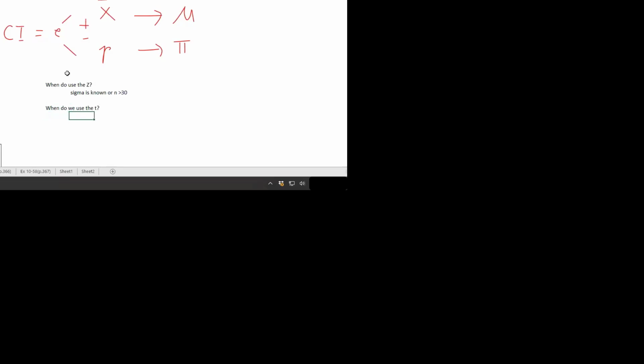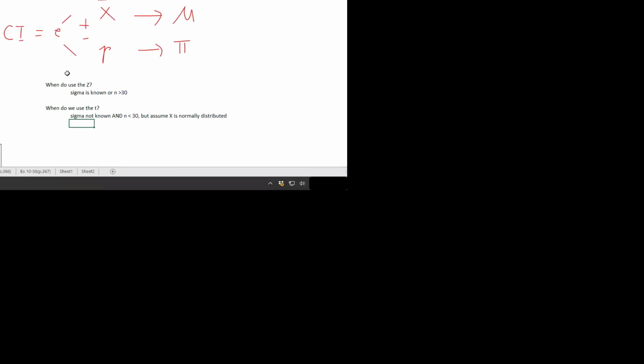Obviously, this is the complement of the Z: when sigma is not known and n is less than 30, but we assume that X is normally distributed.